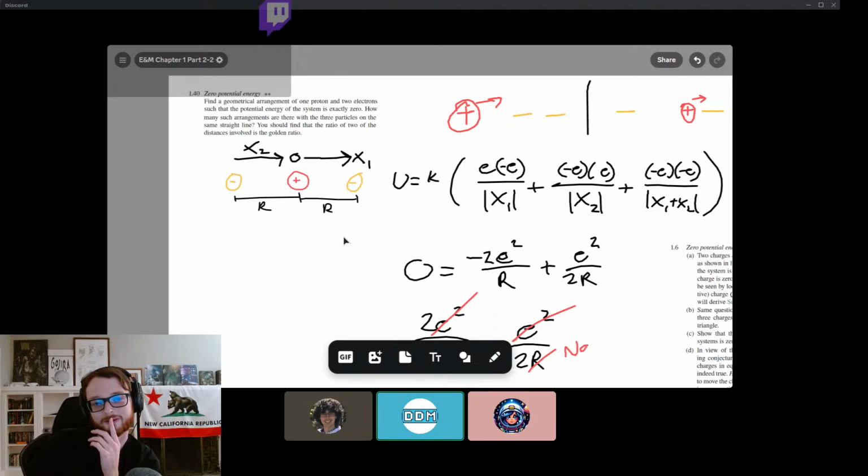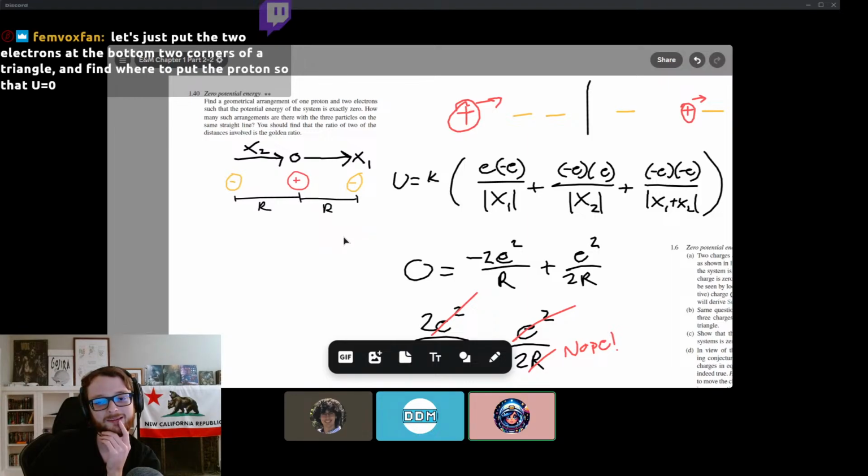Like, what other arrangement could we possibly have? Because I think we can eliminate the straight line case based off what Phobos has here.